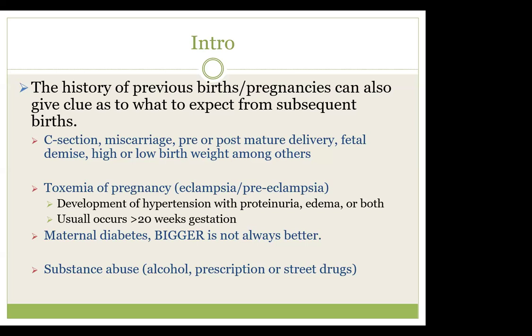Okay, so that baby might not need any intervention, but if they are less than 37 weeks gestation, they are considered premature. Anything over 37 weeks is considered term, and anything more than 42 weeks is considered post-term or post-mature.